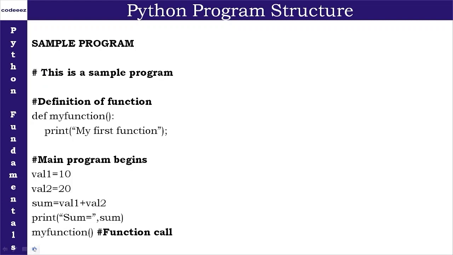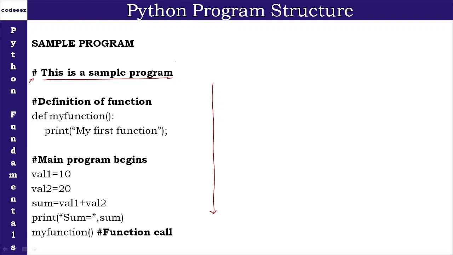Now here is a sample program following the Python program structure. In the very first line, I have simply written "this is a sample program" preceded by a hashtag sign. It simply means this is documentation that I have written for my own understanding, that whatever code is written in further lines is an example of a sample program, right?